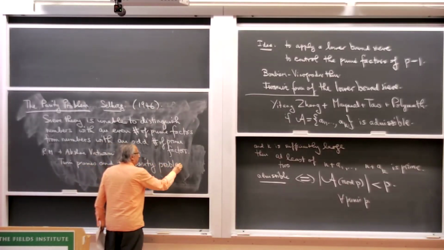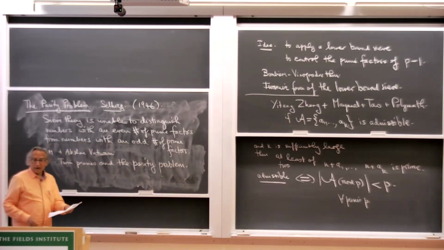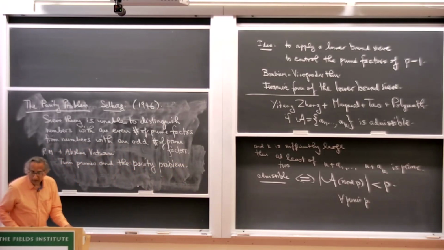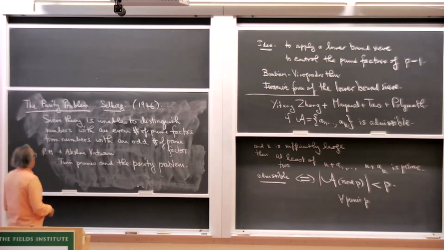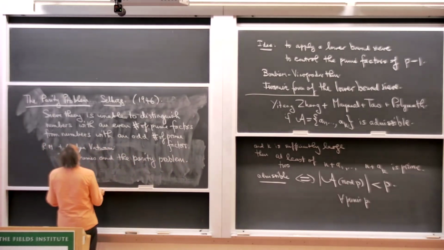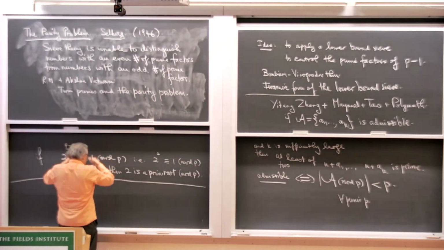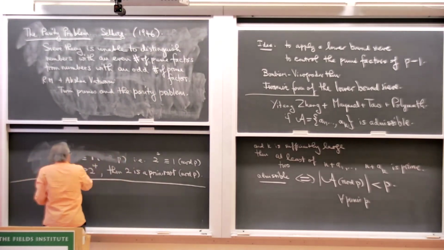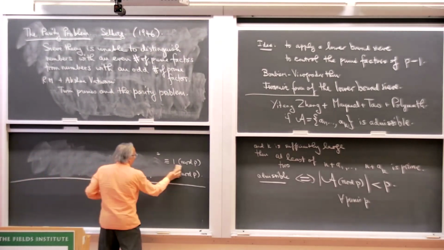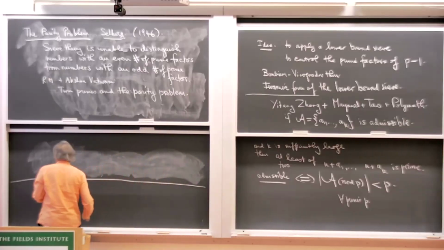So the question is, okay, Selberg is saying sieve theory is not going to solve the shifted prime problem. What else do you need beyond sieve theory in order to solve it? So in order to say something intelligent, let me refresh your memories about the twin prime problem.